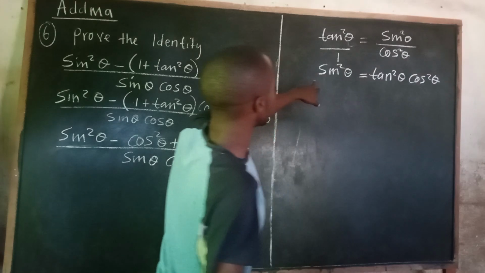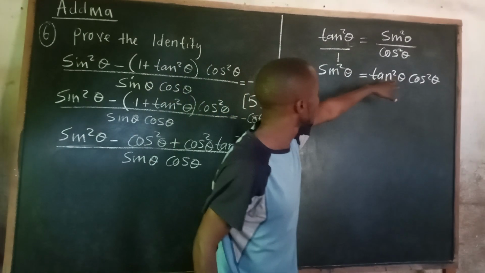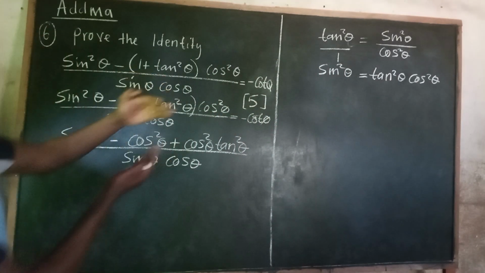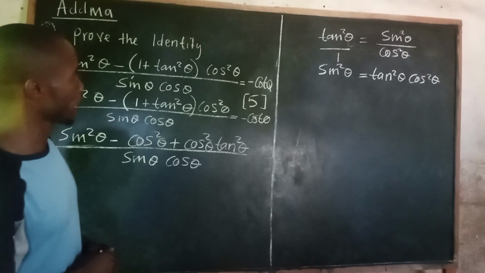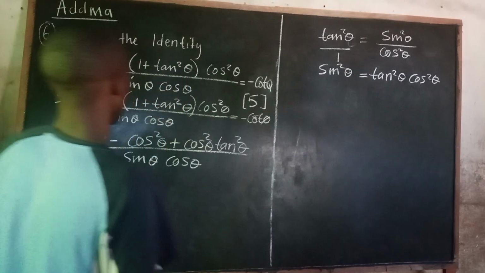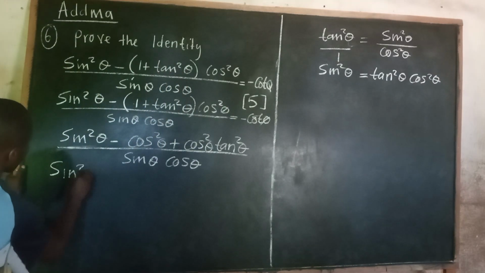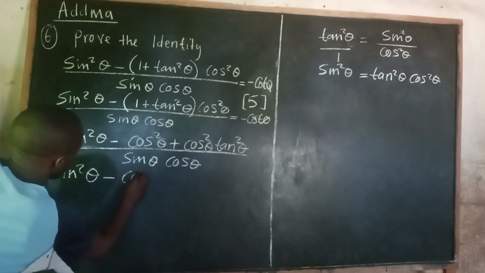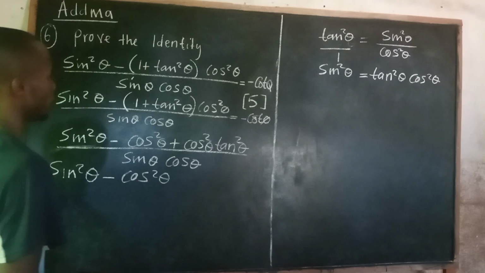So sine theta squared is equal to tan theta squared cos theta squared. Having done that, we substitute where there is tan, we put what we have here. So we bring down this one: sine theta squared minus cos theta squared.